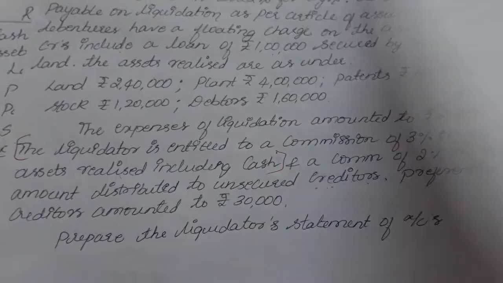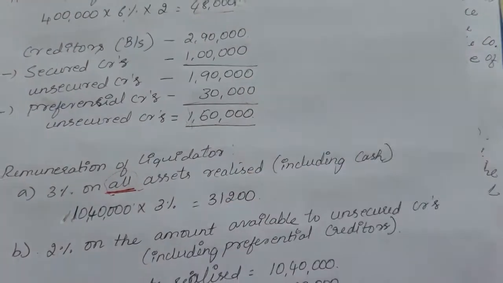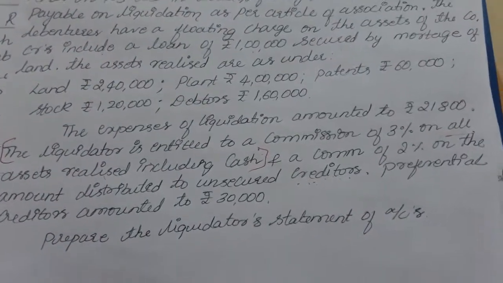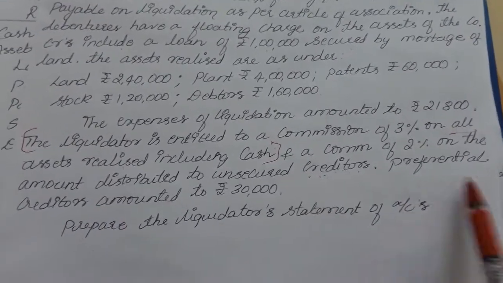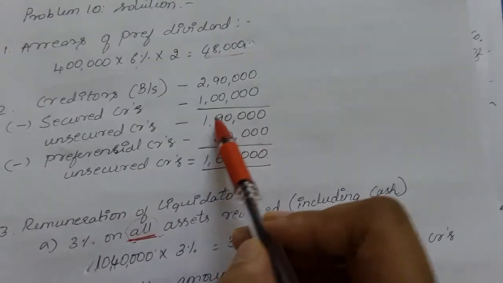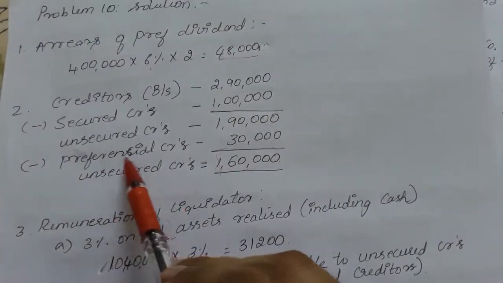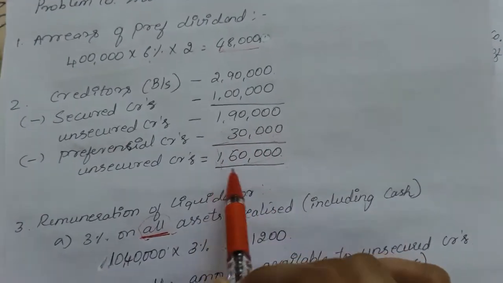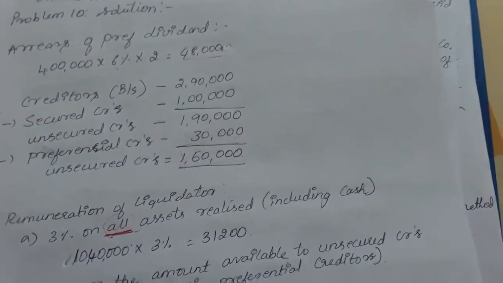So now 1,60,000 plus 30,000 will be considered as the amount on which the remuneration will be paid. Preferential creditors amounted to 30,000. So 1,90,000 was the value, and under that the preferential creditors are 30,000. Finally, whatever amount remains will be the unsecured creditors.